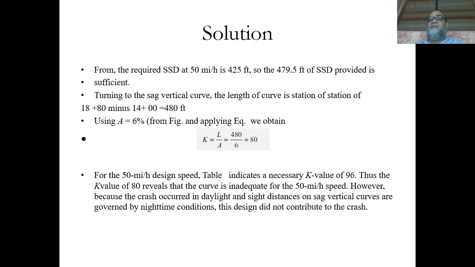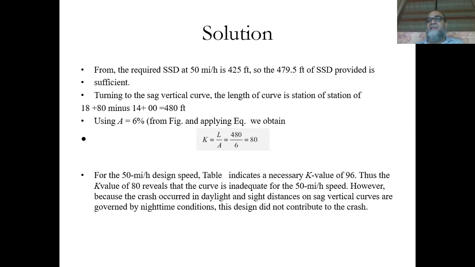So this means that the curve was under-designed, and this needs to be corrected. But the highway department will still not pay for the compensation. Why?